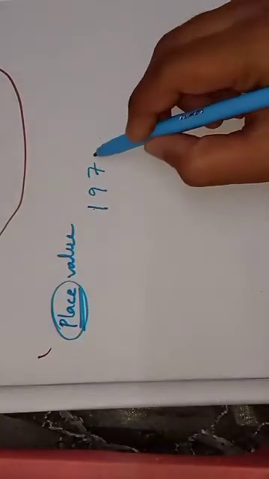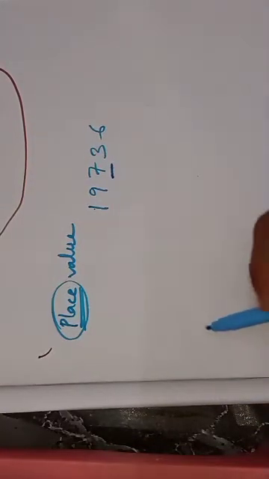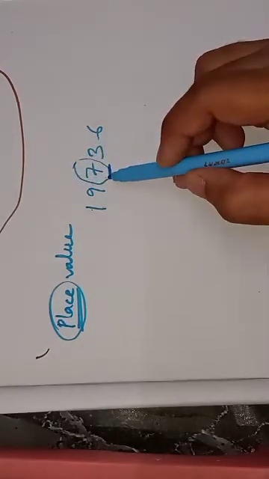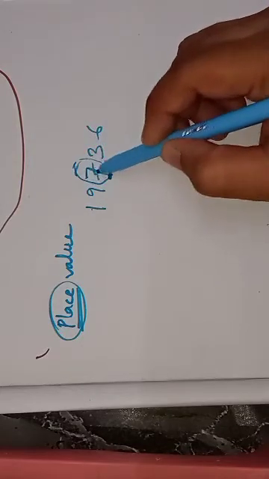So if I write 19736 and I ask you what is the place value of 7, then you have to make out the position of 7.